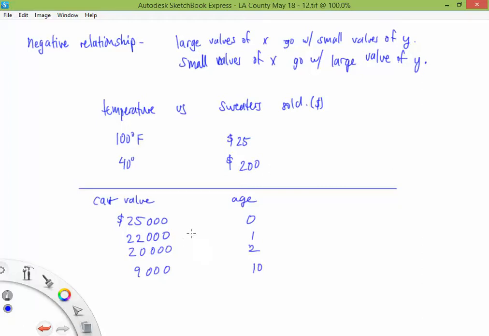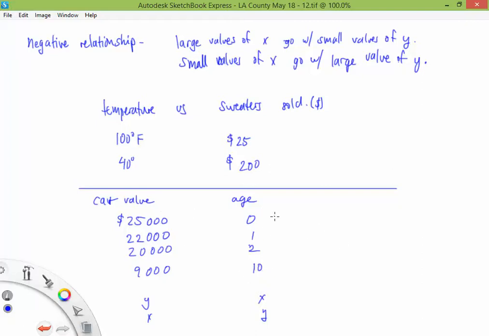Is that okay? Car value is X, age is Y, it doesn't matter. You just assign one to X and one to Y. It does matter in two weeks when we talk about linear regression. But right now, we just want to know, is there a relationship between the two variables?